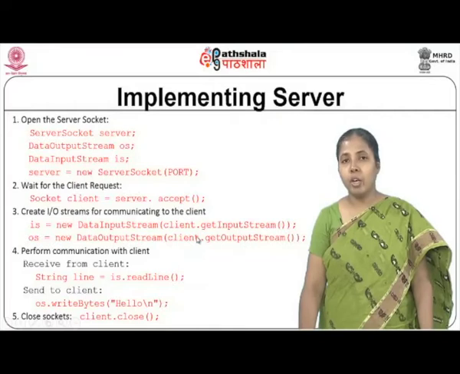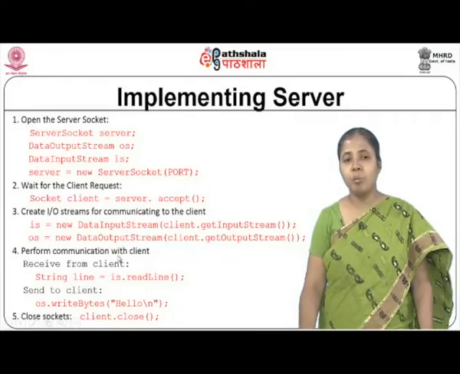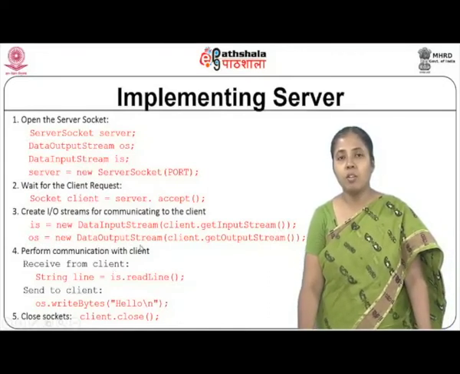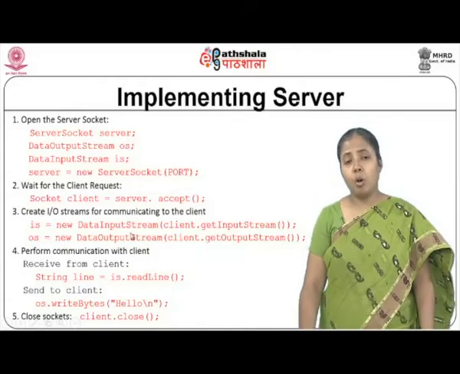These are wrapped with the two classes called DataInputStream and DataOutputStream, through which you are going to send data. The DataInputStream or DataOutputStream class is for sending or writing primitive data information through the socket.